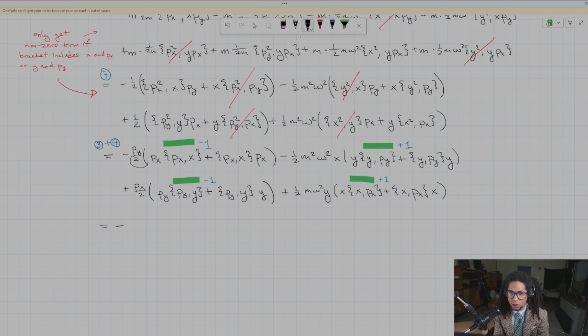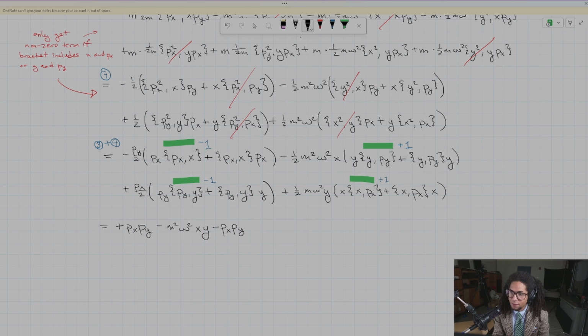So for the first one, I'm going to get plus, because minus 1 times this minus sign here, so plus px times py, okay? Then here, I'm going to get minus m squared omega squared xy. Then for the third one, I'm going to get minus px times py. And for the fourth one, I'll get plus m squared.